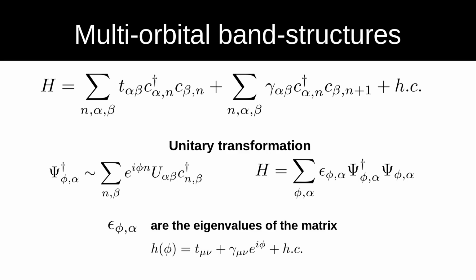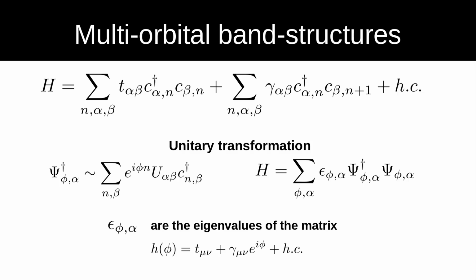Now, if we make the right choice for this unitary transformation, we know that the Hamiltonian can be written in a diagonal form. So the question now is, what is the unitary transformation that we must make in order for the Hamiltonian to be completely diagonal, both in the symmetry eigenvalue phi, but also in the orbital eigenvalue alpha?